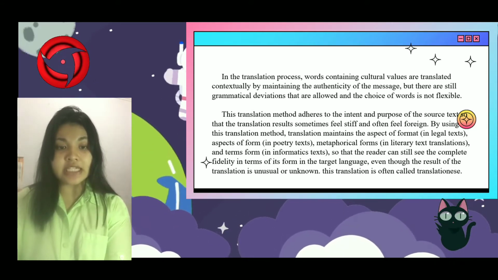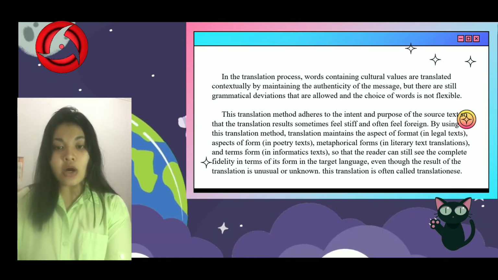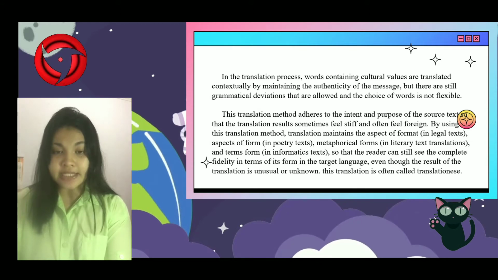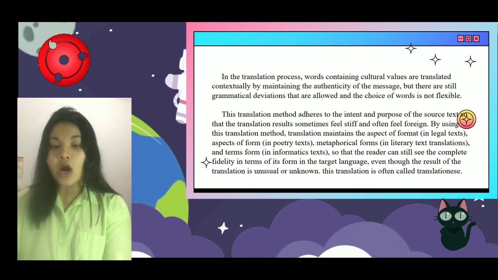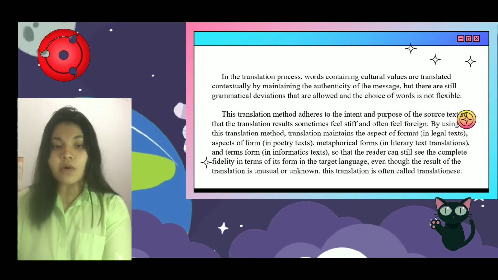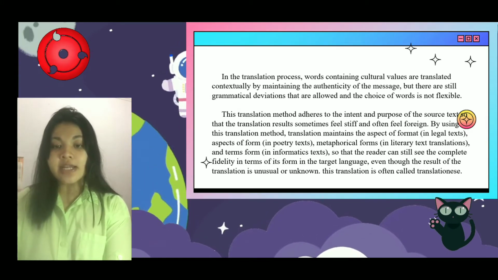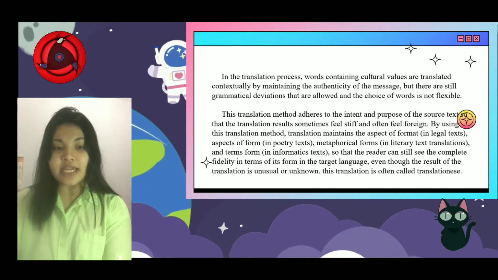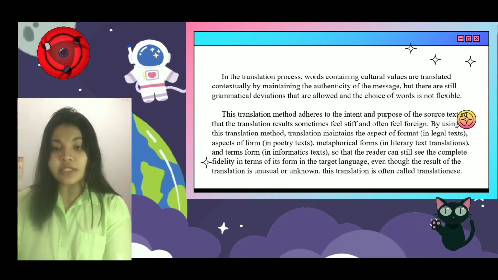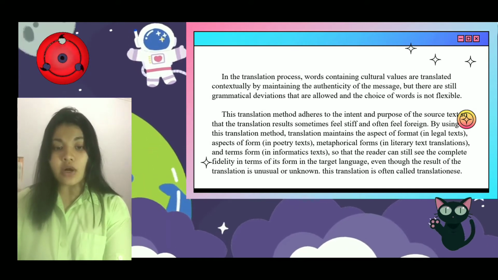By using this translation method, the translation maintains the aspect of format in legal text, the aspect of form in poetry text, metaphorical form in literary text translation, and theme form in informative text, so that the reader can still see the complete fidelity in terms of its form in the target language, even though the result of the translation is unusual or unknown.